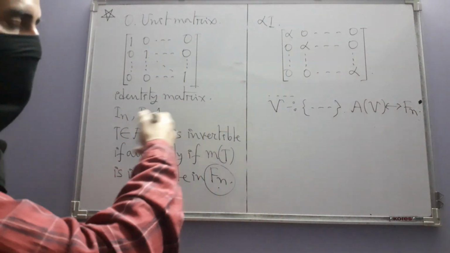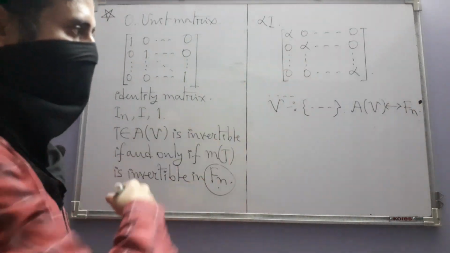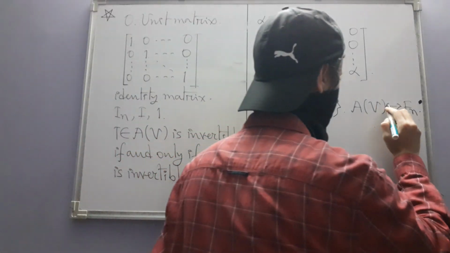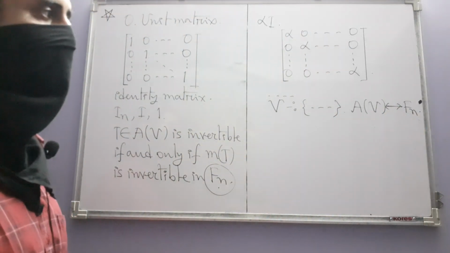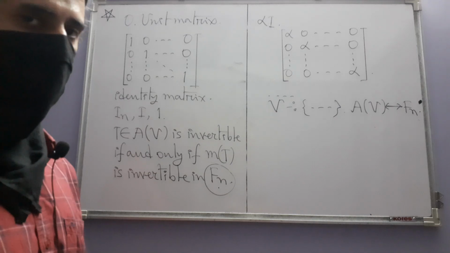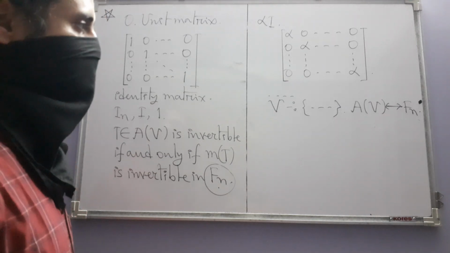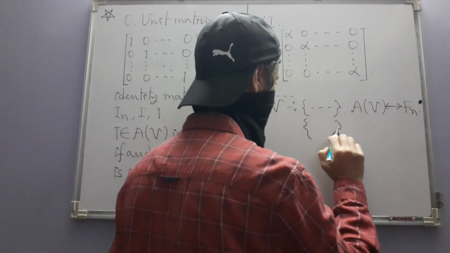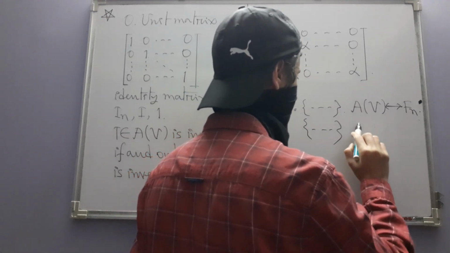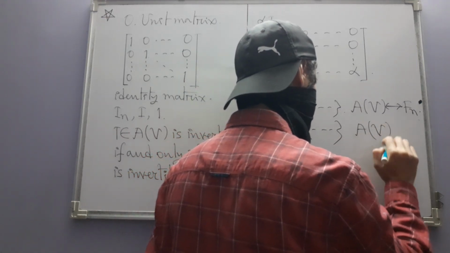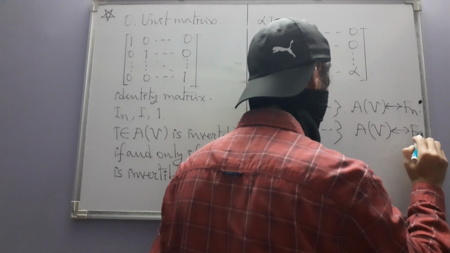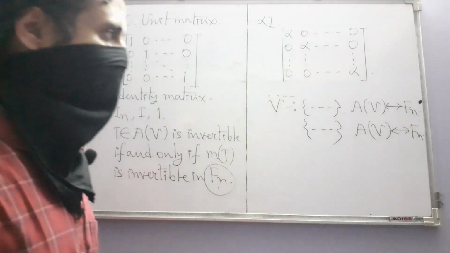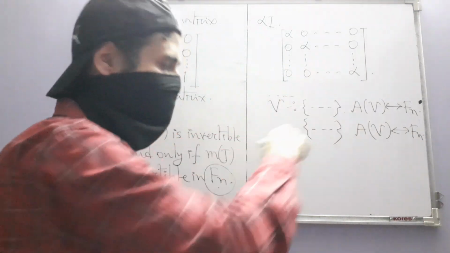Because you can go from A(V) to Fn, and you can also come back. So I am using two arrowheads in both ways. But now if you change your basis, then that new basis also gives you an algebra isomorphism. What is the relationship between these two?